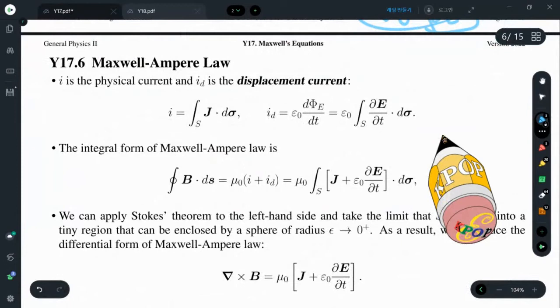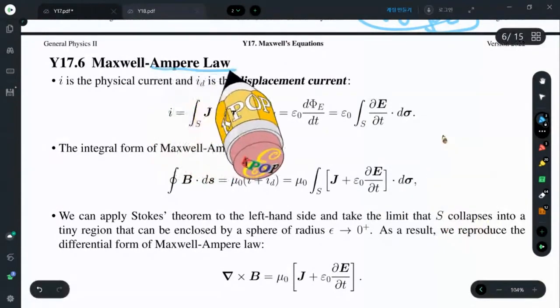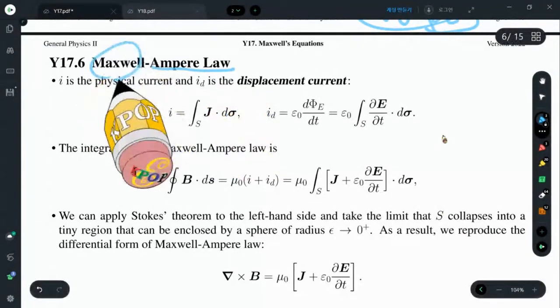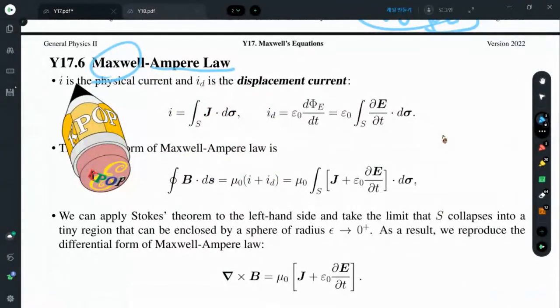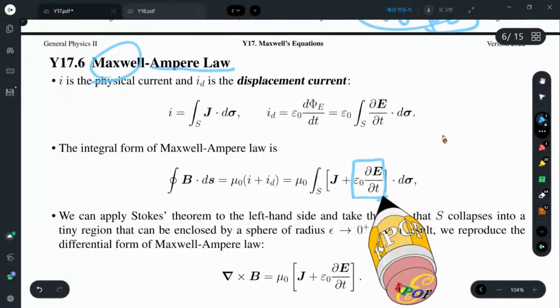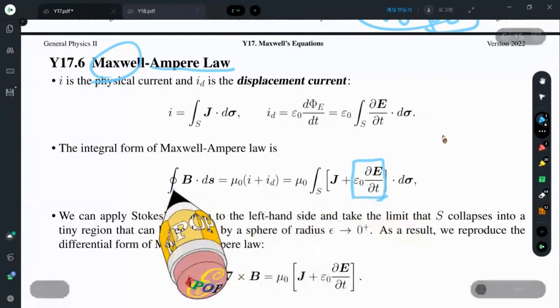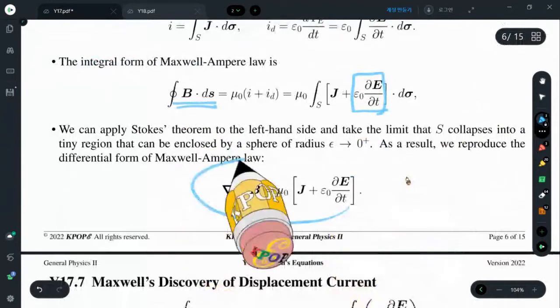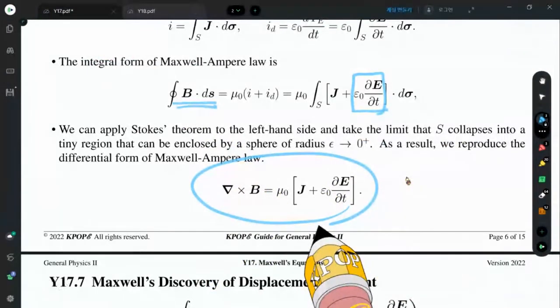Now we have constructed the final theory. Ampere's law was found to be incomplete, and only if we include Maxwell's term that corresponds to the displacement current, we can find the most general form for the equation of magnetic field. So the last equation of Maxwell's equations is Maxwell-Ampere's law.